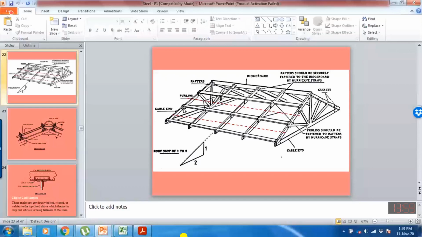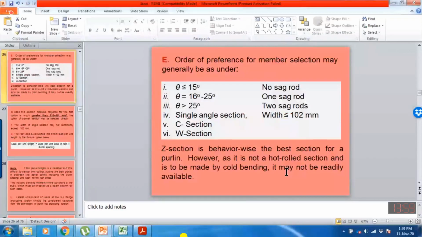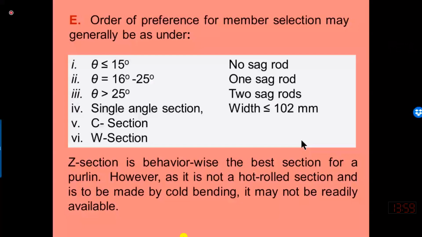So what are these guidelines? If the inclination of our roofing system or top chord is less than 15 degrees, we will not provide any sag rod. And if the inclination of our top chord is more than 16 degrees and less than 25 degrees, we will design with one sag rod.